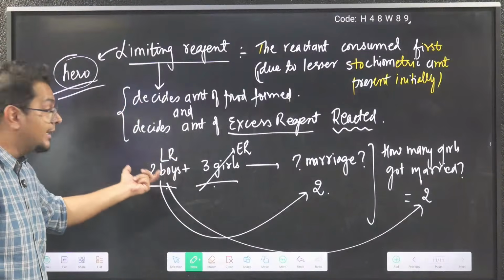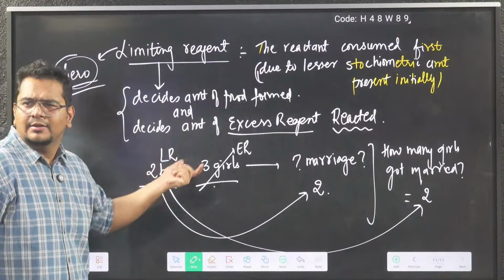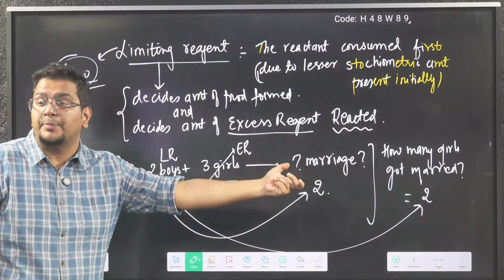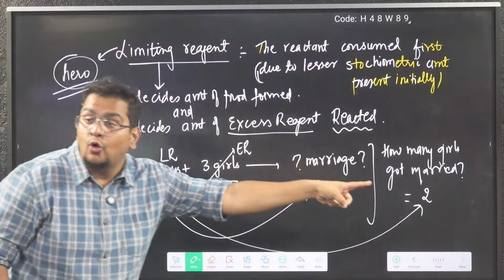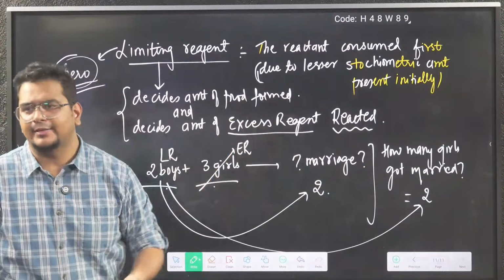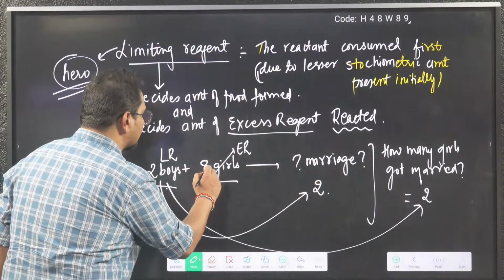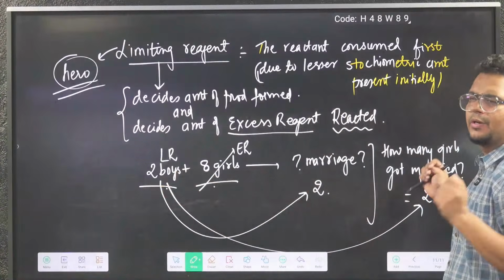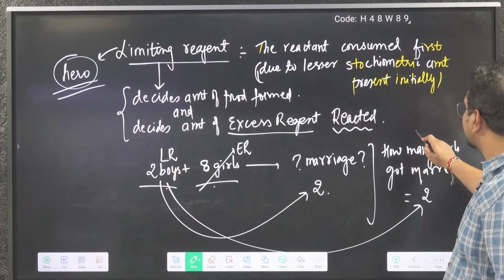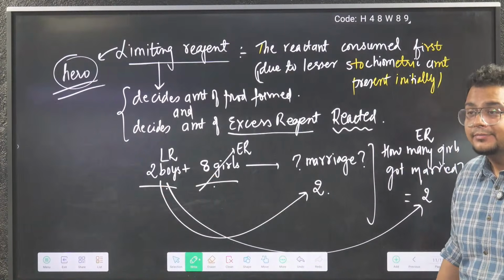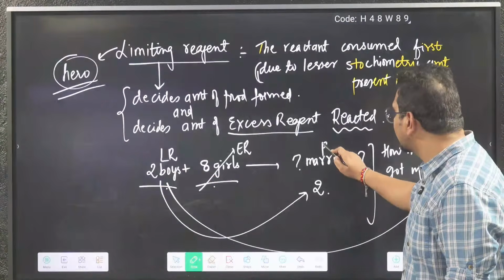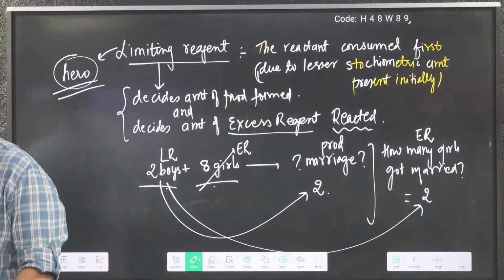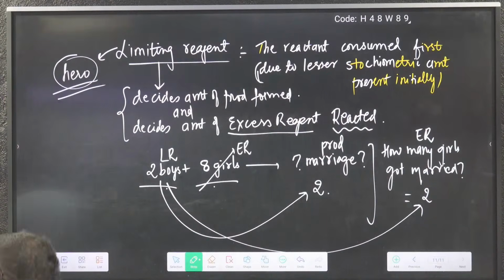So the reactant consumed first will decide the amount of product formed and how much excess reagent reacted. For example, if I take 8 girls, then also only 2 girls will get married, because 2 boys means 2 girls will marry. So the amount of excess reagent reacted and the amount of product formed are both decided by the limiting reagent.